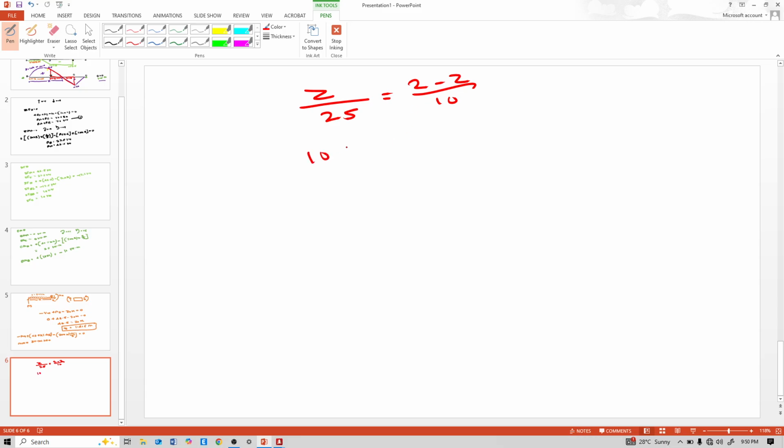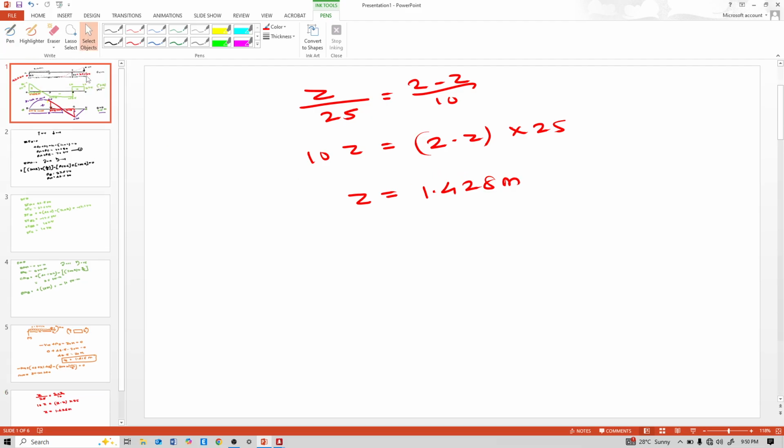So 10Z is equal to 2 minus Z into 25. So this Z is 1.428 meter.